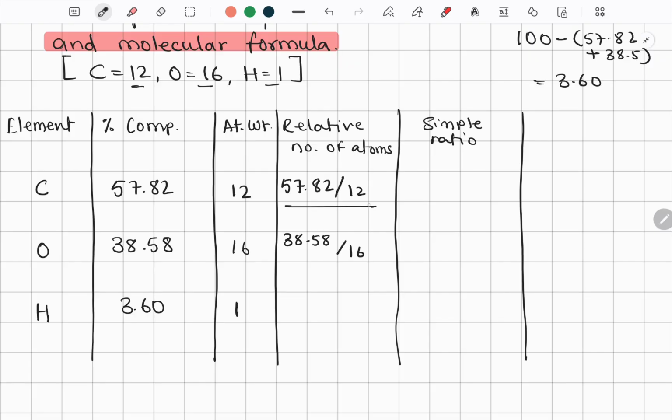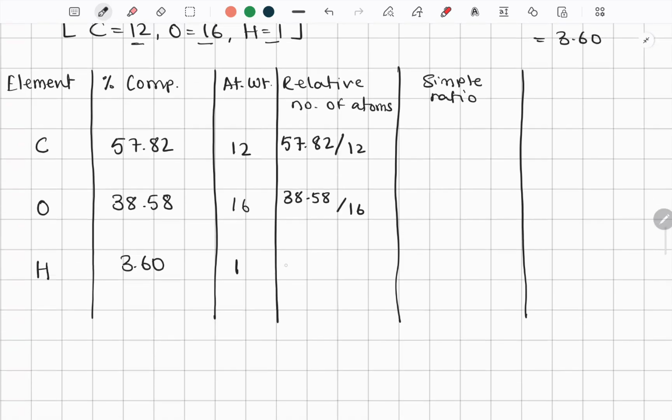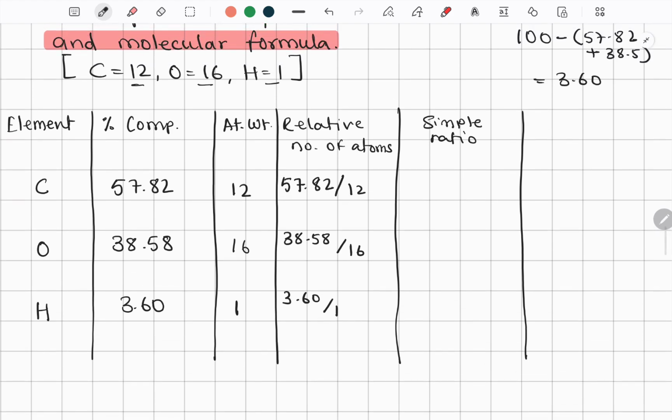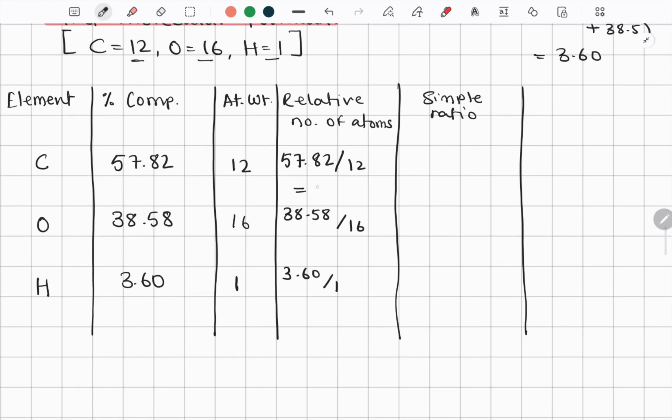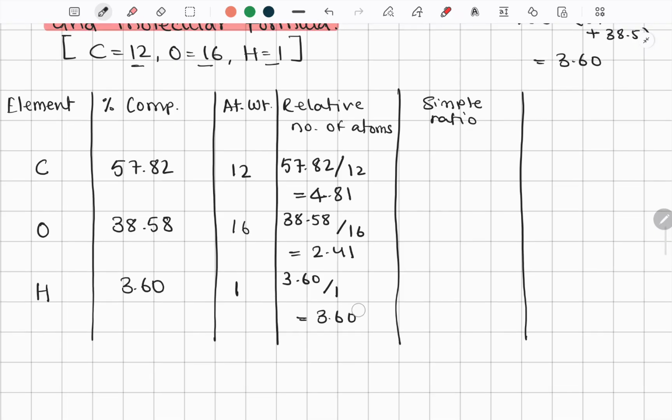And the last would be 3.60 divided by 1. When you calculate this, for the first you get 4.81, the second one you get 2.41, and the third one you get 3.60.